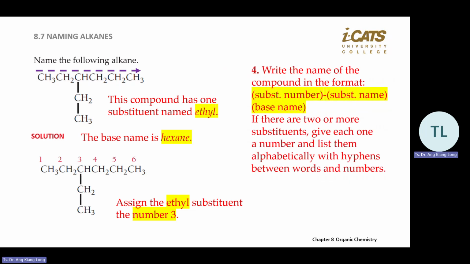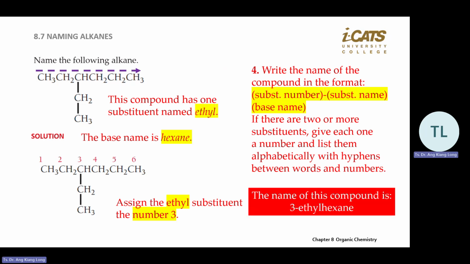So remember this format: sub number, sub name, and base name. Right? So the name of this alkane is 3-ethyl hexane. Start with the carbon first with its hex, and then count the CH number formula. It is under ANE.